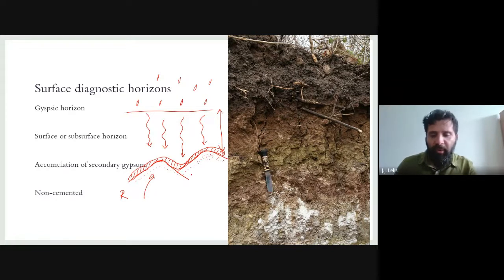So feldspar, plagioclase, biotite, muscovite, they start to lose some elements like calcium, magnesium, potassium, and sodium. They start to release from the rock to the water, and this water gets a high concentration of these elements.